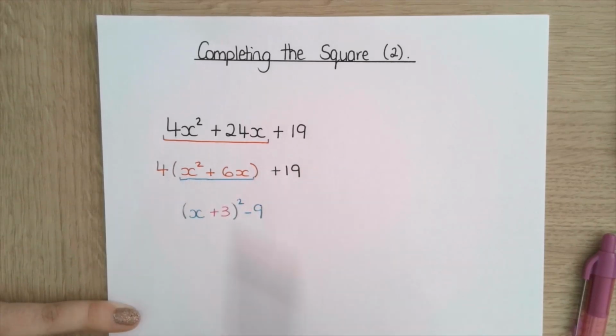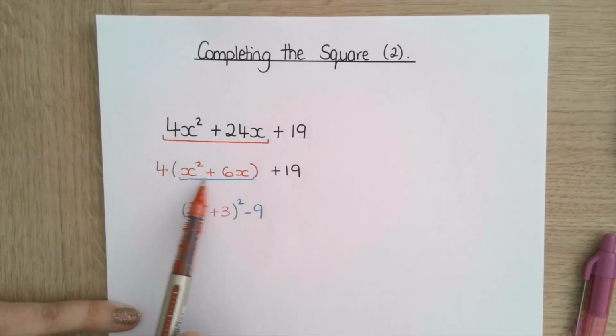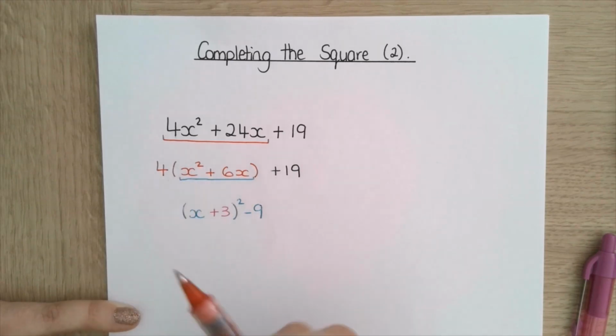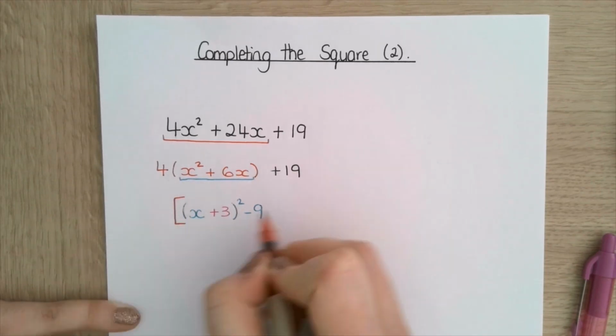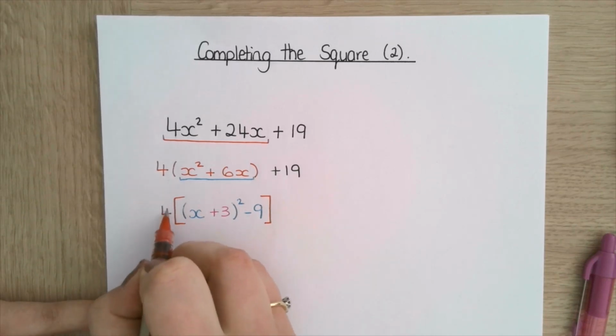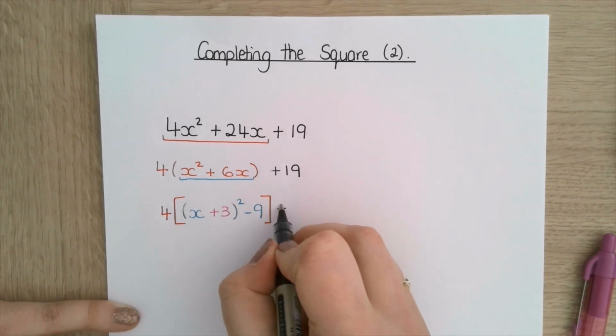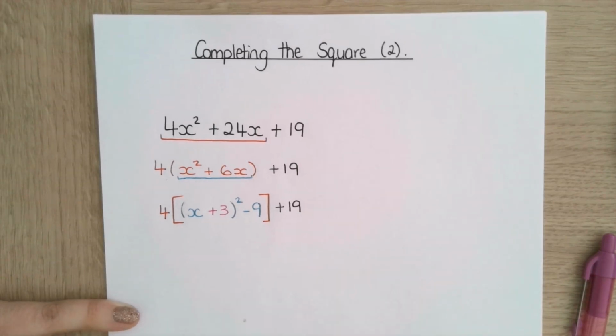Now I need to take into consideration the 4 that I'm multiplying by everything in here. So I'm going to put that into square brackets just to differentiate it slightly from these blue brackets here, and obviously that all needs to be multiplied by 4. I still have got my plus 19 on the end as well.